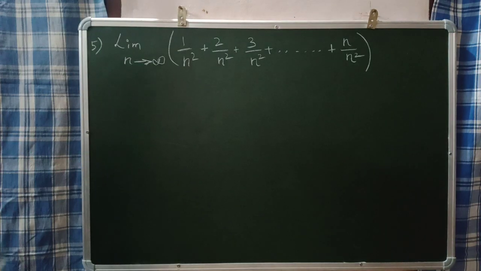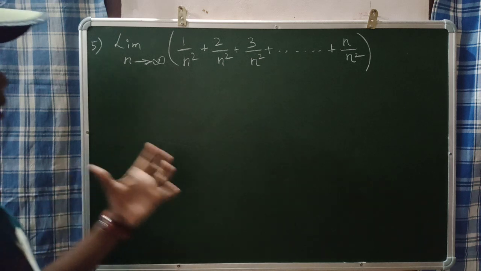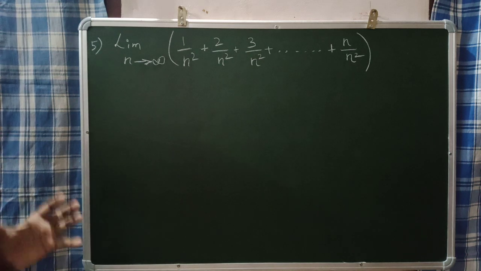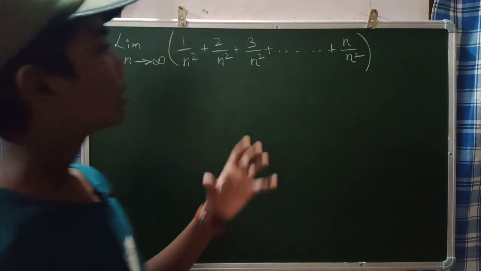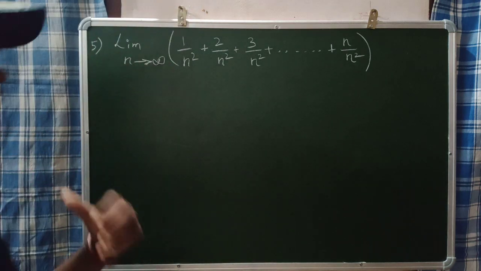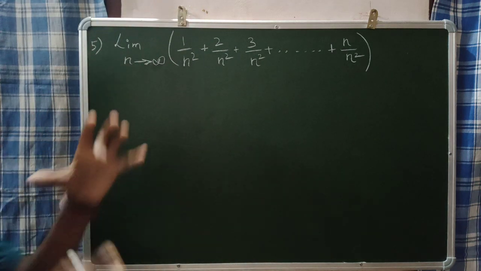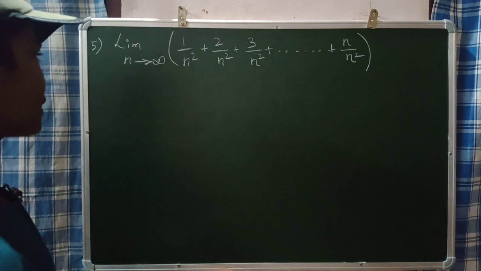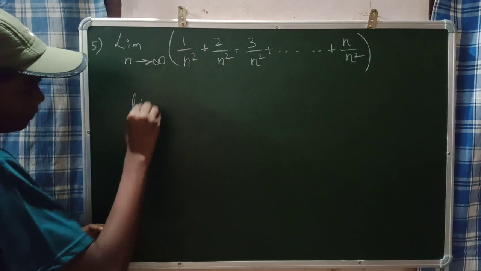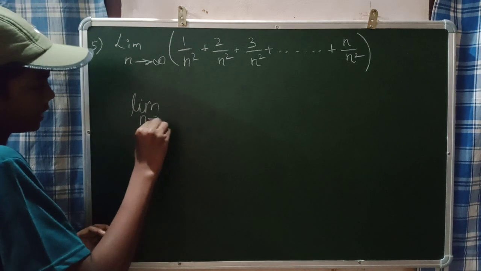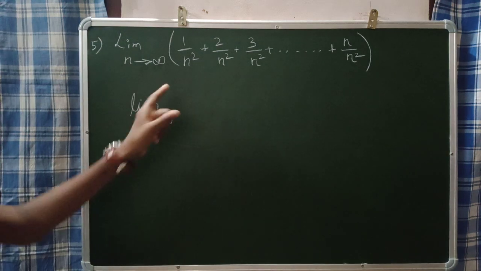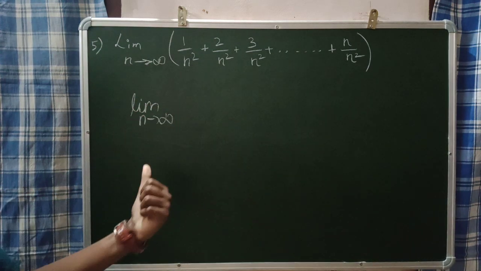Our next question is limit of n tends to infinity of 1 by n square plus 2 by n square plus 3 by n square, and it's going on to n by n square. So guys, we need to find the value of this limit. We know that n square, which is the denominator, is common.